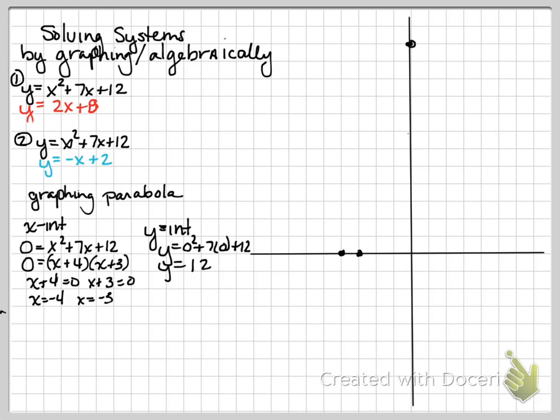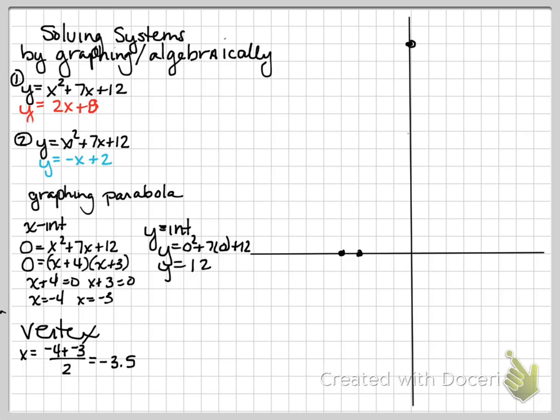Now the last thing I have to find for my parabola is the vertex. To find the vertex, I'm going to take my two x values from my x-intercepts and add them together. So negative 4 plus negative 3 divided by 2, and that gives me negative 3.5.